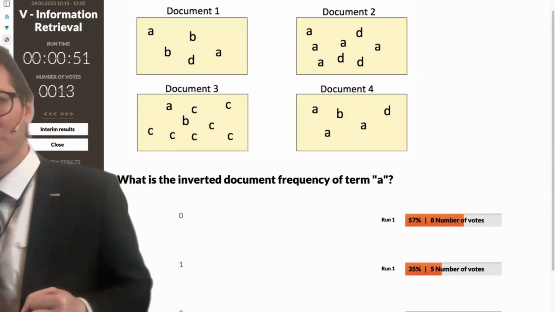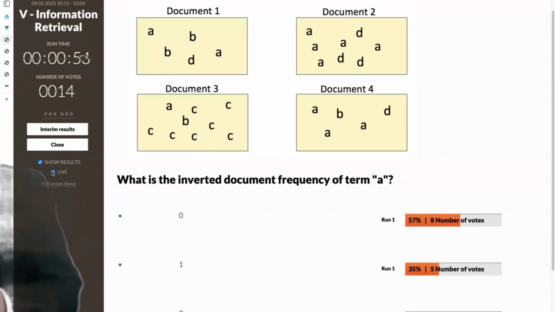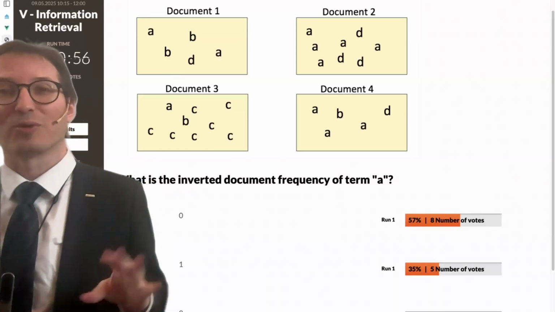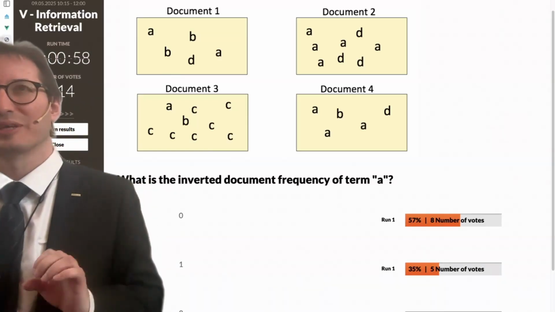Zero or one? Let's compute it. Total number of documents? 4, yes. How many documents contain term A?